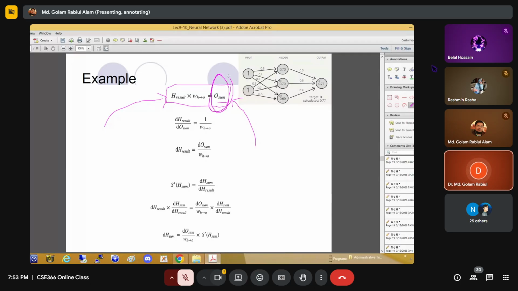Okay, so that means we want to take the derivative of this equation with respect to O sum.